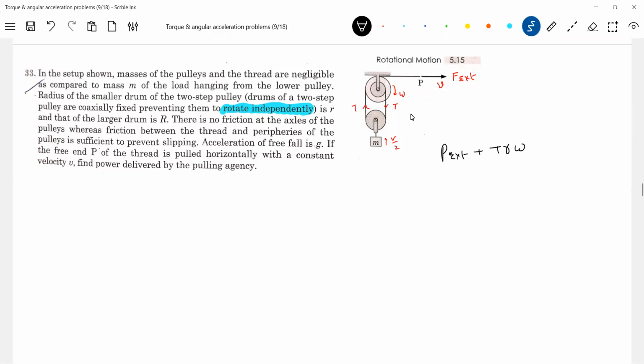The external agent, that's what the question is asking. This should be equal to... then how much tension will act here? As it moves with a constant speed v, here is mg by 2, and here the tension, let it be 2T. So 2T should be equal to mg by 2. And the tension here does negative work, minus 2T into v equal to 0.